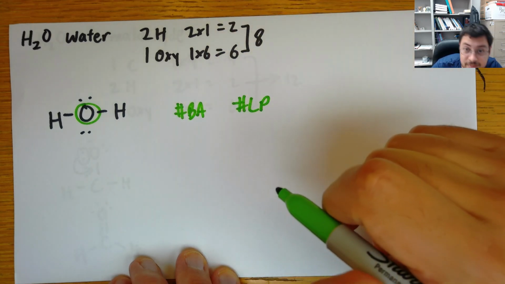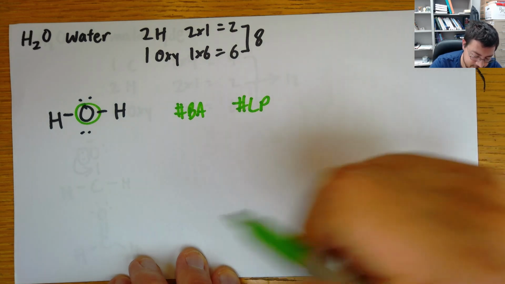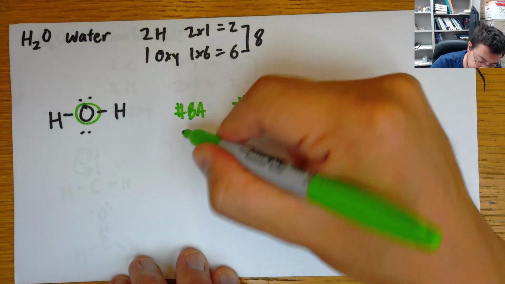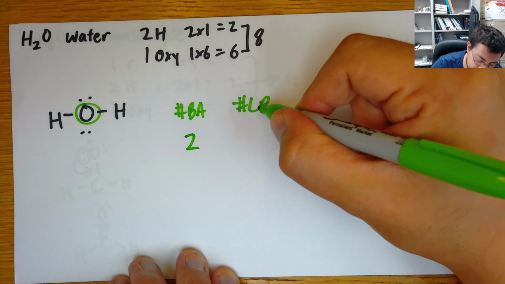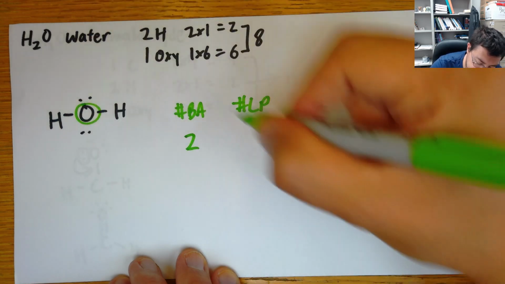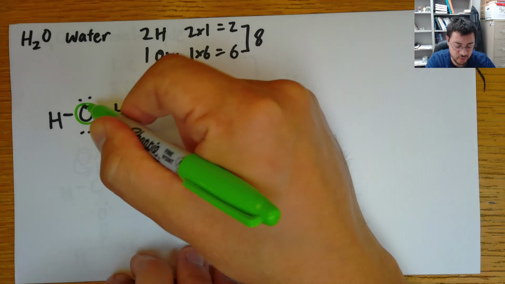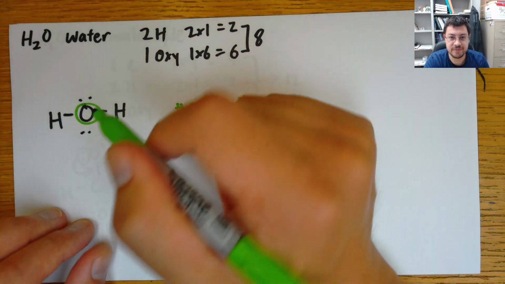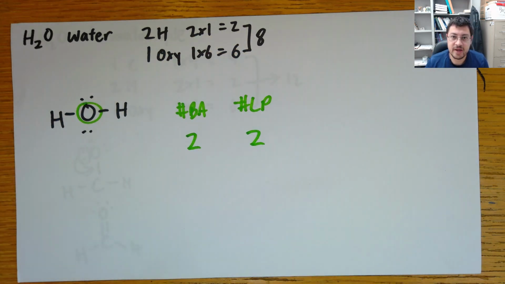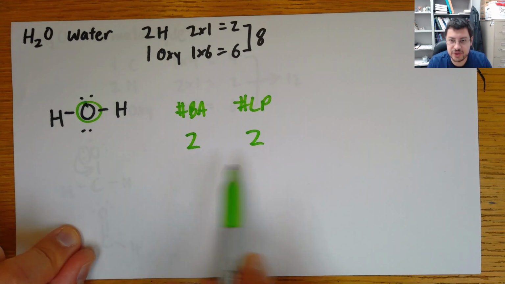Hopefully you see 2 bonded atoms, the 2 hydrogens, and 2 lone pairs. We don't count the central atom itself, we just count whatever is on the central atom. So water is what I like to refer to as an example of a 2-2 structure.